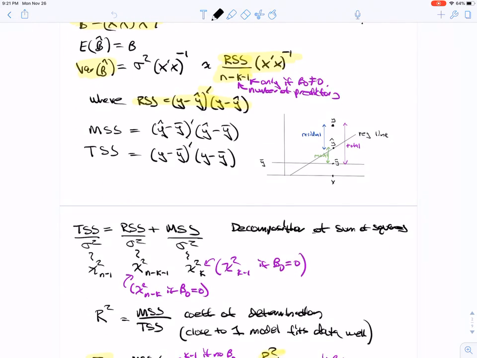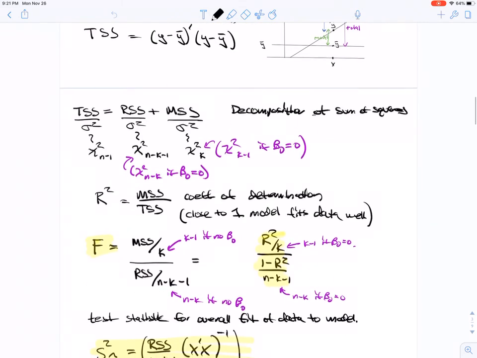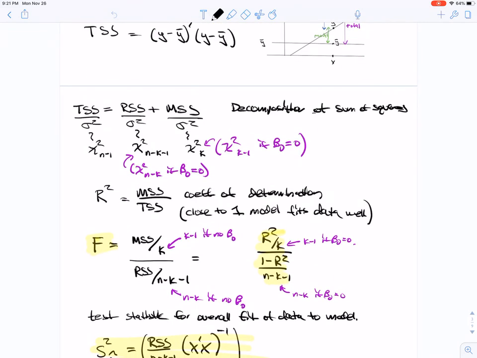So if we divide all of these by sigma squared, we get chi-squares with these shown degrees of freedom. And the residual sum of squares and the model sum of squares are independent. So we define a coefficient of determination, R squared. This is close to 1 when our model fits the data well.